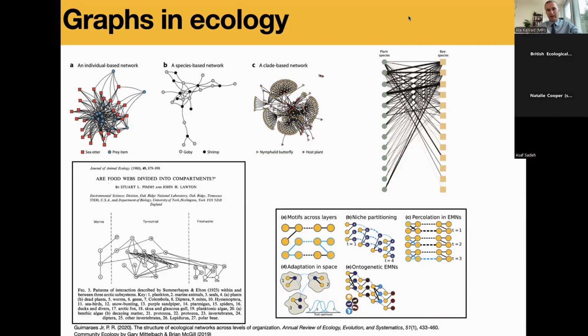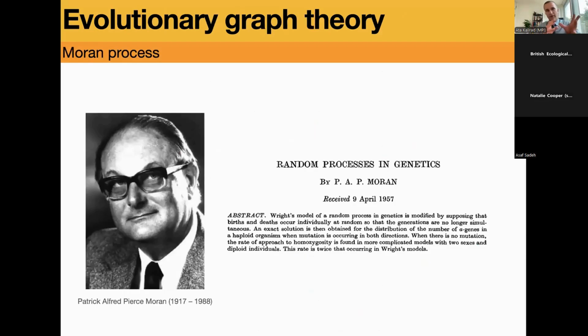Now, what I wanted to do was to look at a way to simulate competition in a graph. And then naturally, when you think of competition, you would think of evolutionary graph theory, which is a highly developed area where you have basically an evolutionary process.